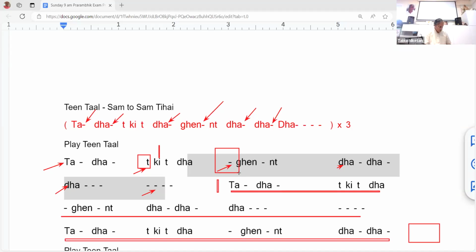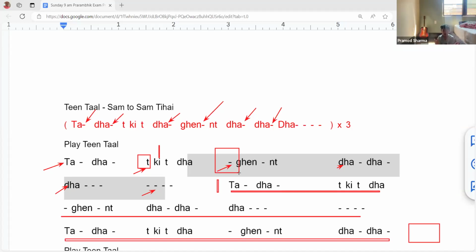Okay, Vedant, want to try? Yes. Okay, good. Ta ki ta tha in ta tha 1 2 3 2 3. No, it's not correct. Again.